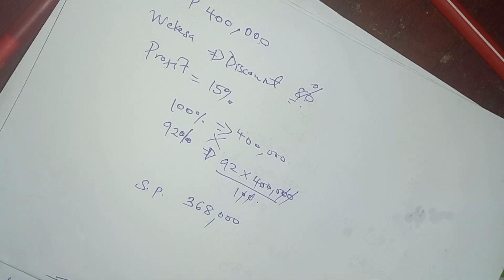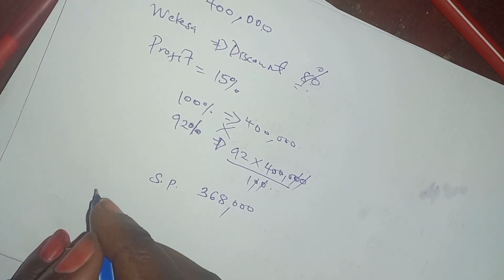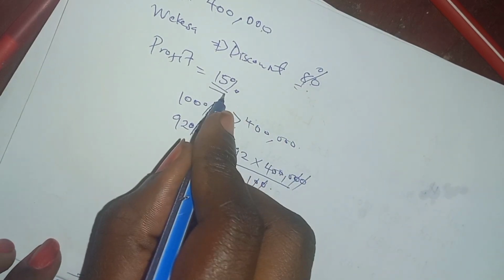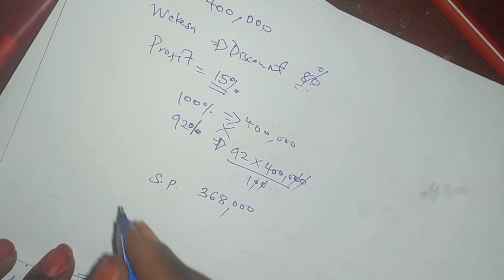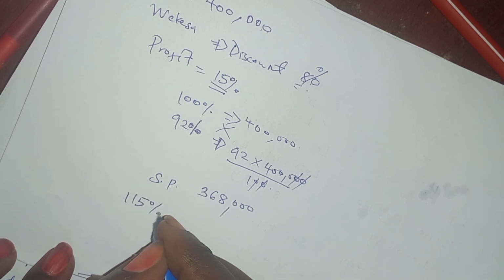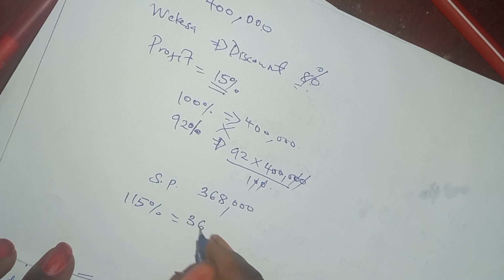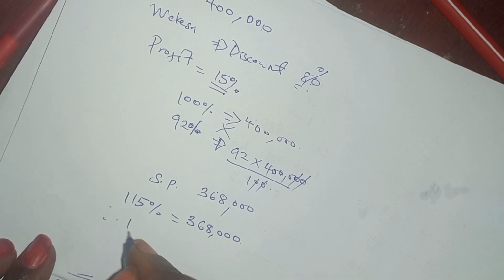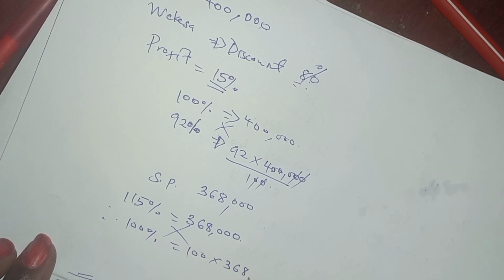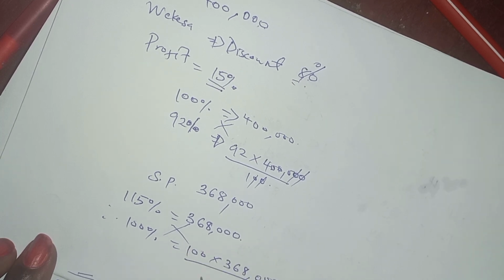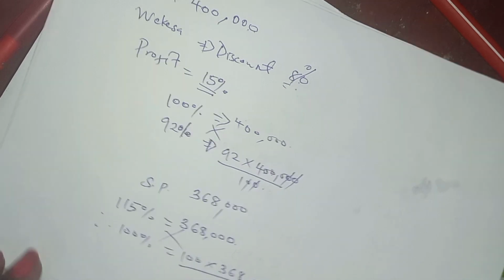We are told that this dealer made a profit of 15%. If this dealer made a profit of 15%, that means that this selling price represented 115%, because it is a profit. So you look for 100%. We'll take 100 times this, then you divide by 115.